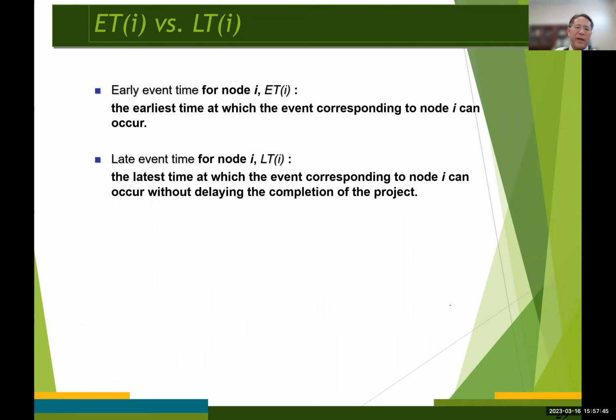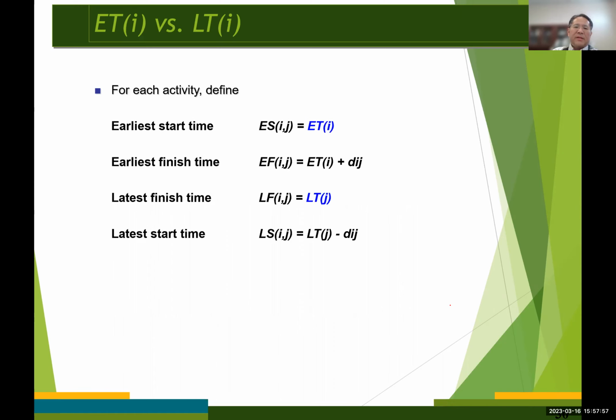Also we assume that the beginning of the project is event number 0, and the end of the project is event number n. Also for each activity, we define the earliest start time, earliest finish time, latest finish time, and latest start time, like this.